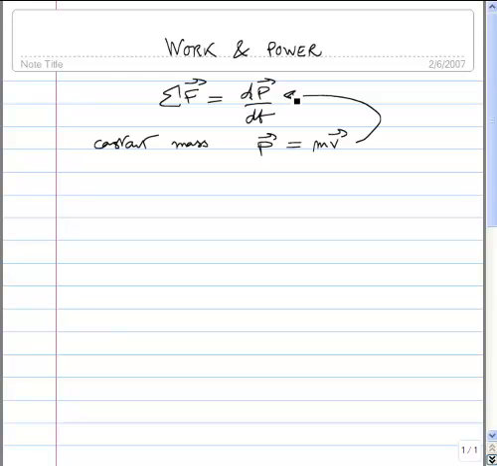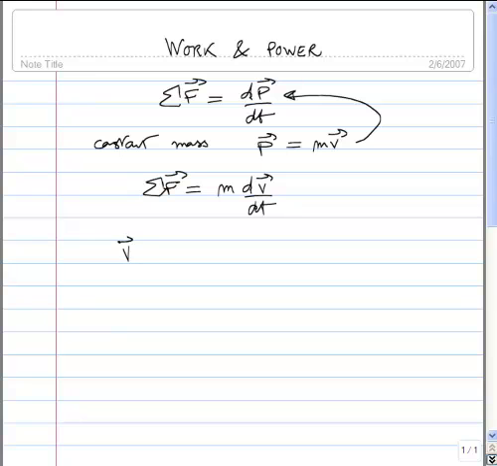Let's plug that in, and we get sum of the forces is equal to m, which we can take outside of the time derivative, times dv/dt. Okay, what I would like to do now is take the dot product of this equation with the velocity.